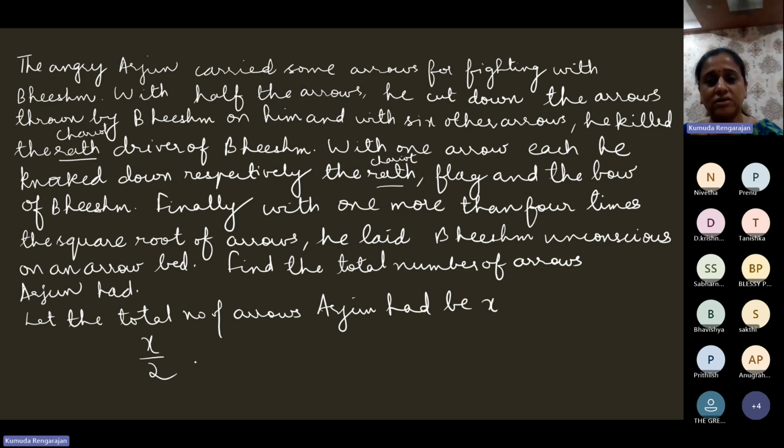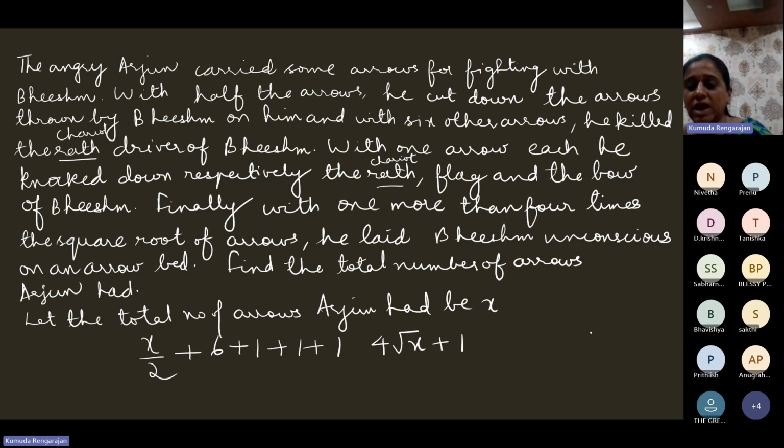And then with 6 others, he killed the Rath driver of Bhishma. So plus 6. And then with 1 arrow each, he uses 1 to knock the flag, 1 to knock the chariot, 1 to knock the bow. Then finally, with 1 more than 4 times the square root of the arrows.